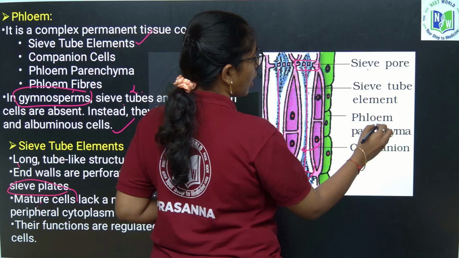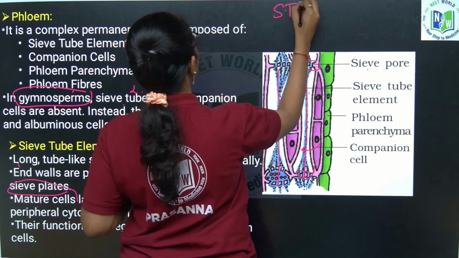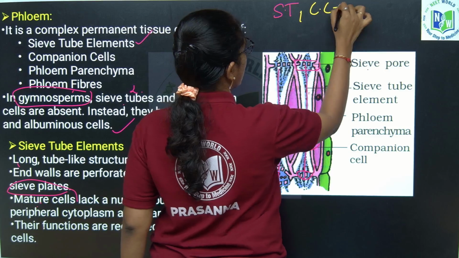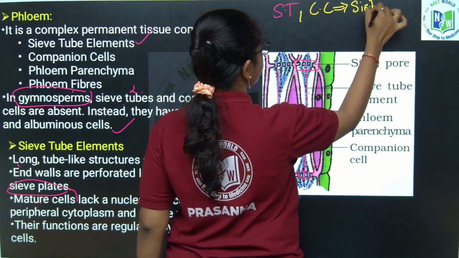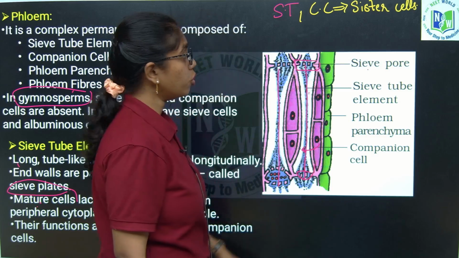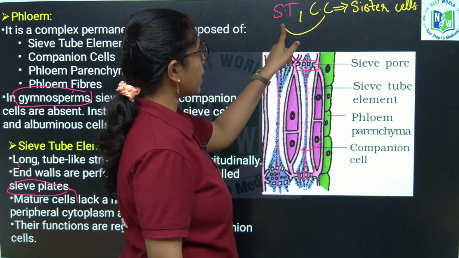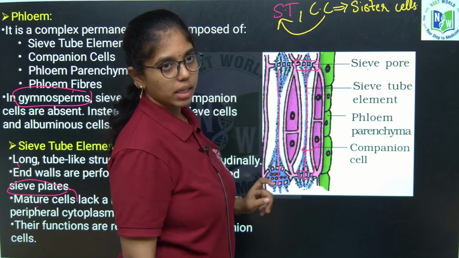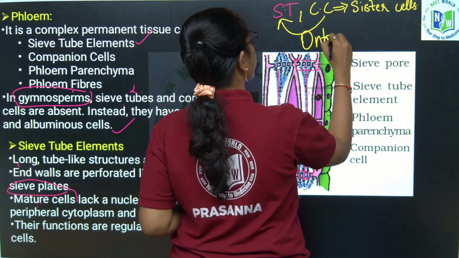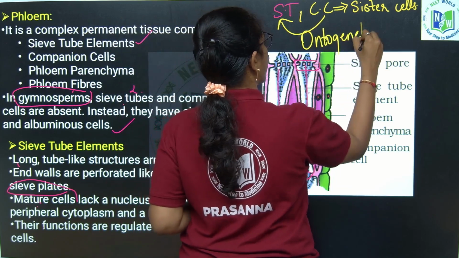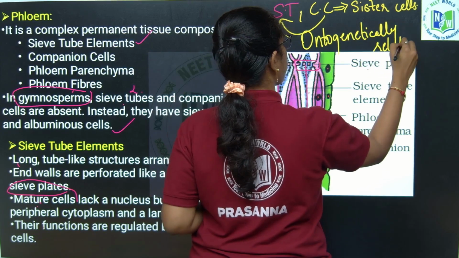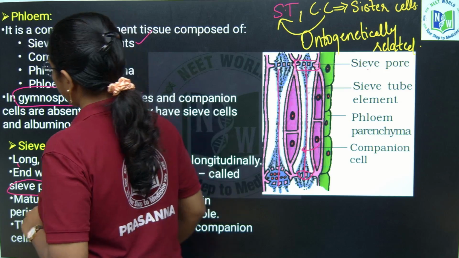So, we call sieve tubes and companion cells sister cells, as the functions of the sieve tube cells are regulated by companion cells. They are called sister cells and they are ontogenetically related. Clear? Next.